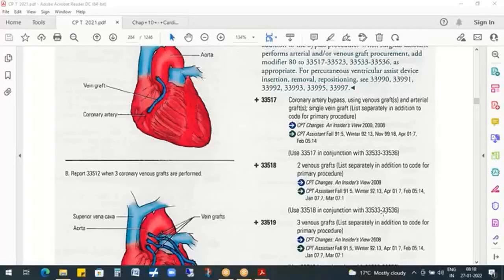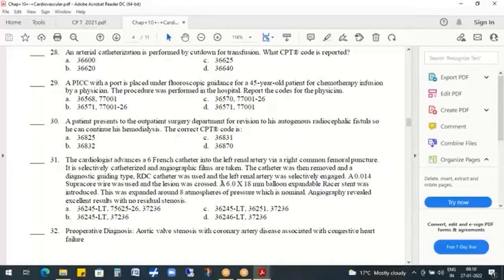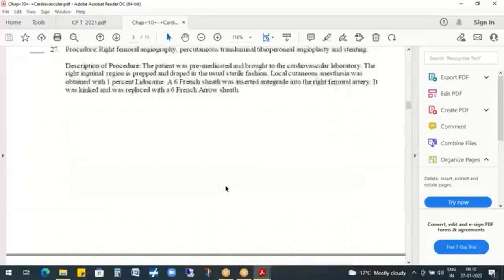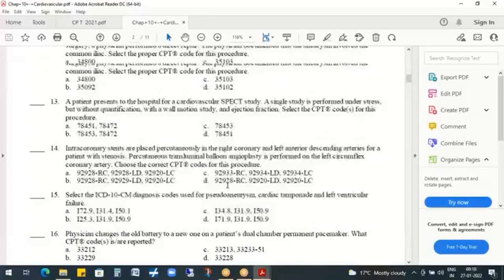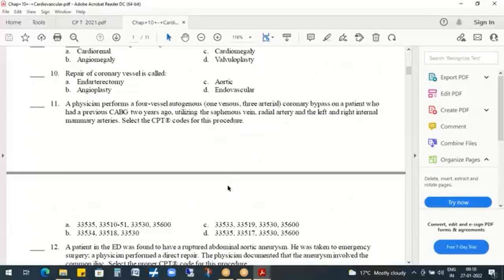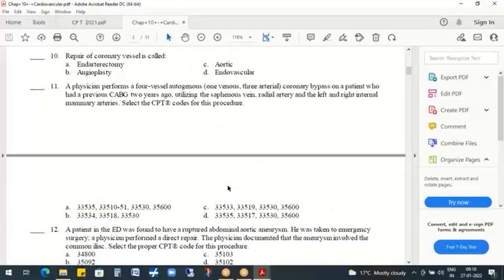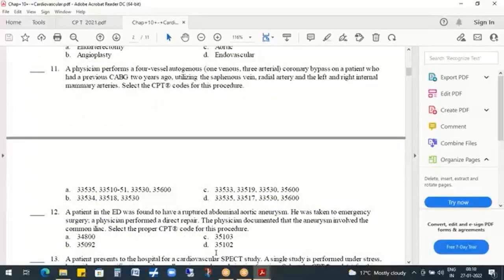Is that clear, everyone, how to code CABG? Yes, sir. Okay. Now try to practice one question. Question number 11.